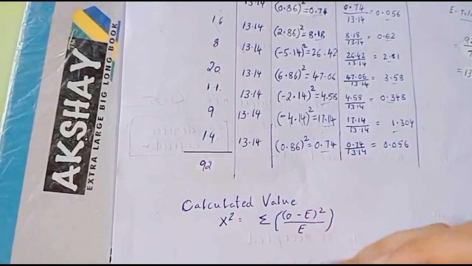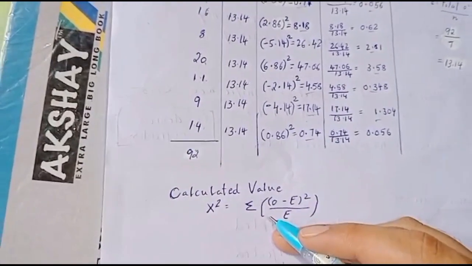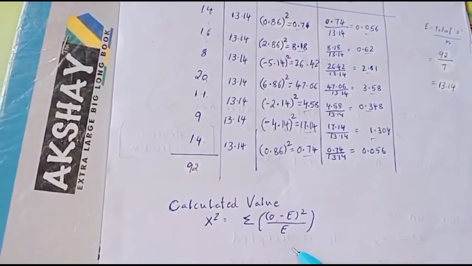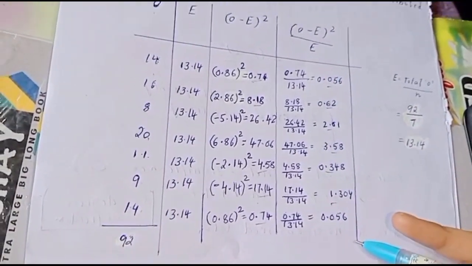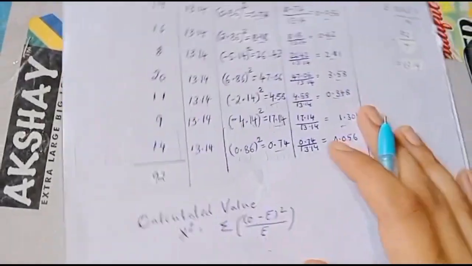We have to calculate the value of x square or psi square. Summation of (O minus E) whole square by E means we have to add all these values and we get the x square value.